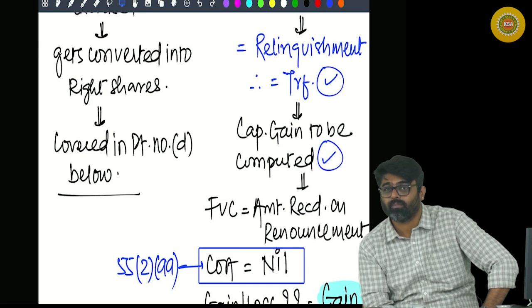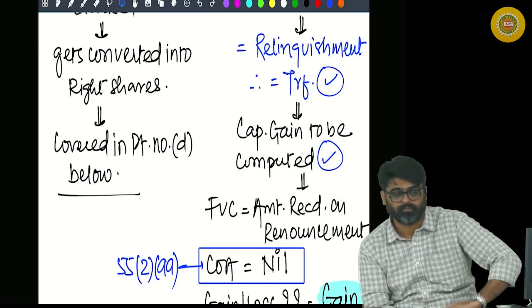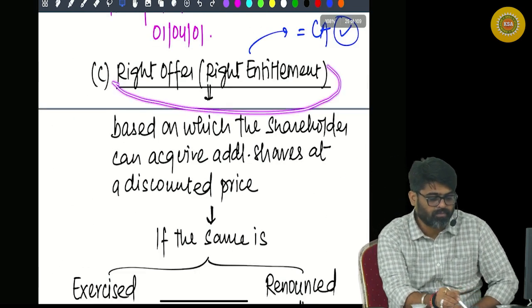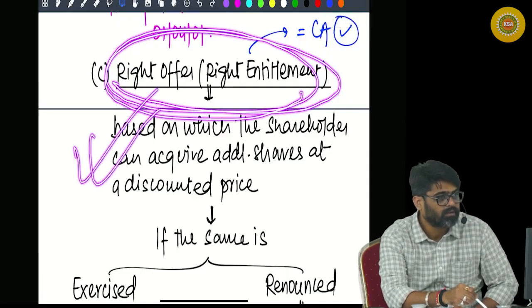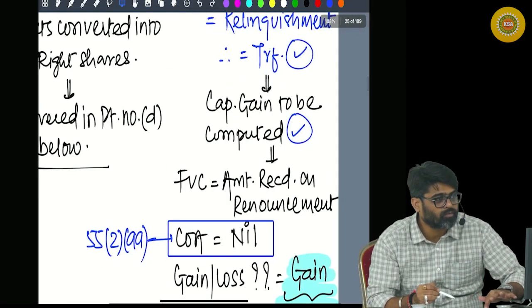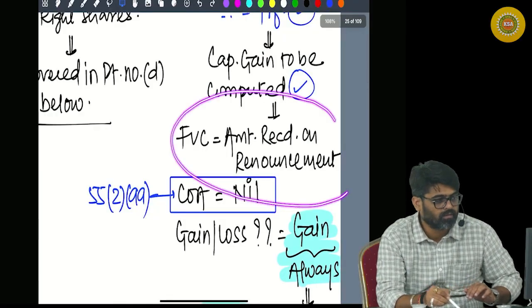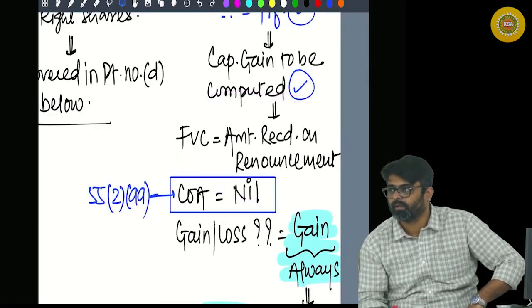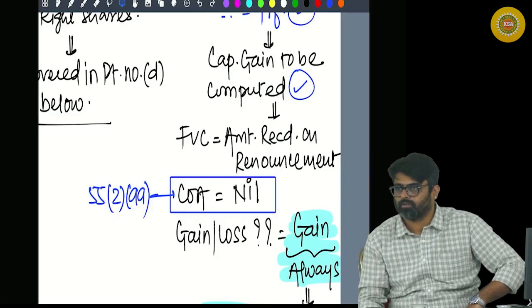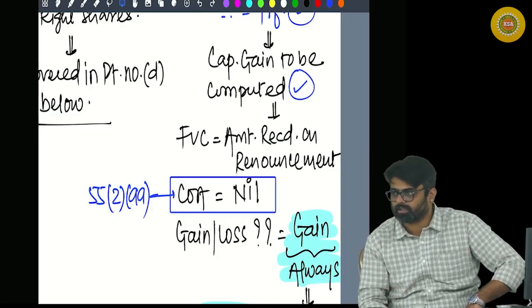Now tell me, what type of capital asset are you transferring? Right. What is the full value of consideration? 25,000. Amount received on renouncement minus transfer expense will give you net consideration.